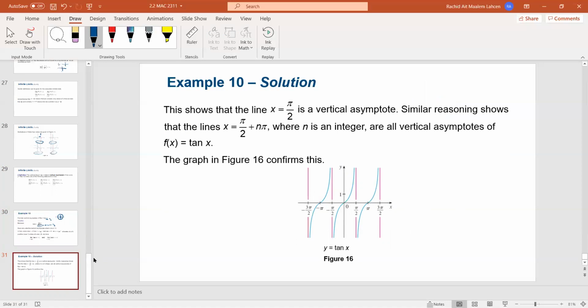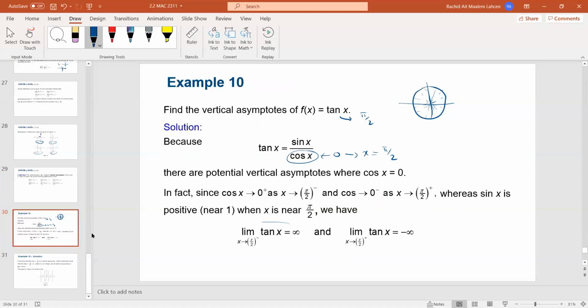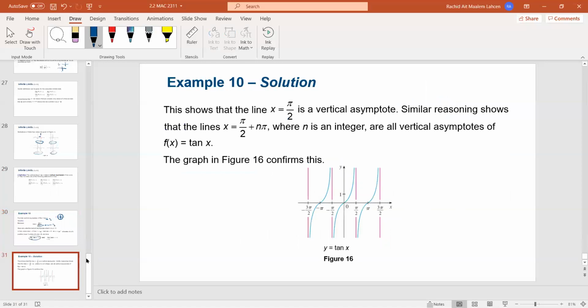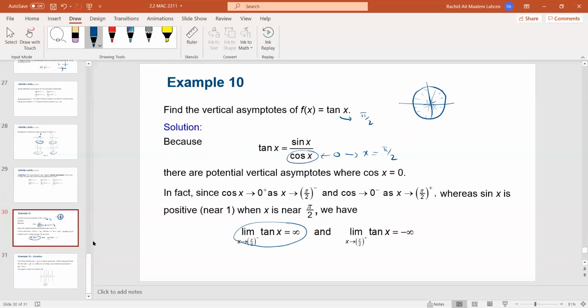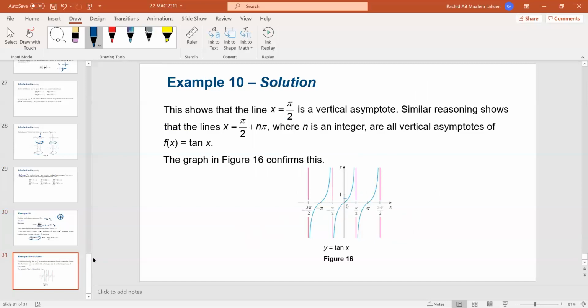So again, the left-hand side is right there, positive infinity. As it goes to pi over 2, it's shooting towards infinity. But as it comes from here, it shoots towards negative infinity. So the sine function, the cosine, the tangent, they are basic graphs that everybody needs to know.